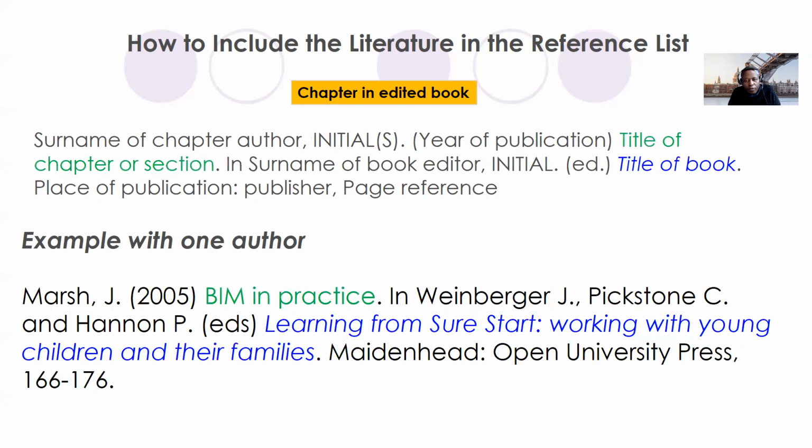Now, you may have a chapter in an edited book, okay? We have so many chapters written by different authors in a book that is edited. So the rule is surname of the chapter author, initials as usual, then the year of publication, title of the chapter or section, upright, then you use 'in', surname of the book editor, then initial, and then title of the book, italicized, place of publication and publisher, then page reference.